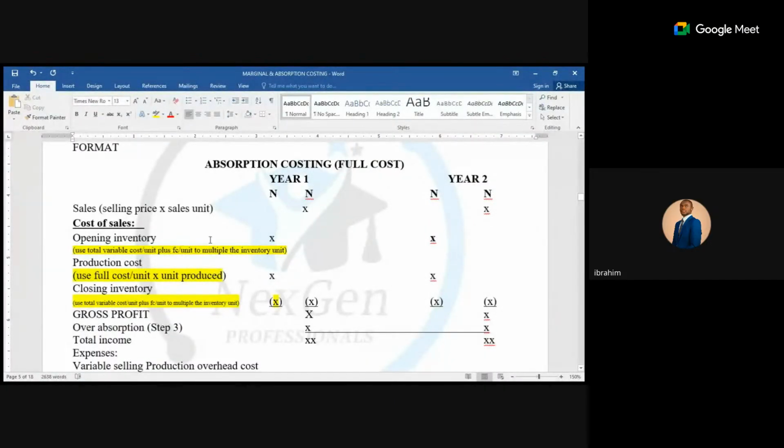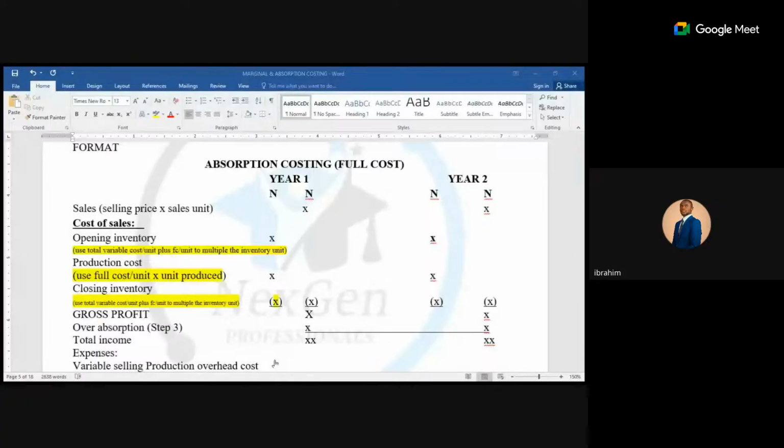Then opening inventory. Class, we should not forget that the closing inventory of December is the opening inventory of January. The closing inventory actually illustrates the step-by-step approach to determine opening and closing inventory.